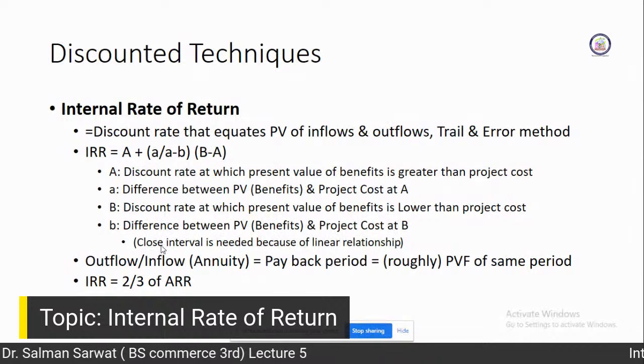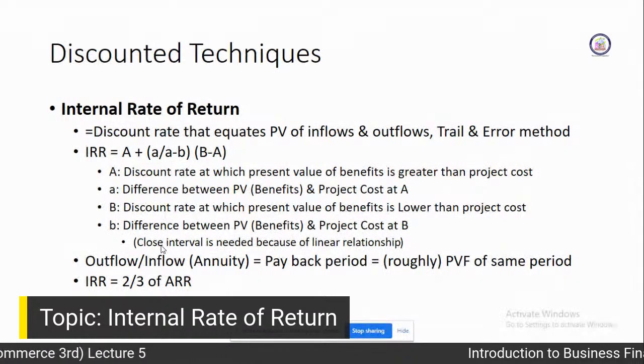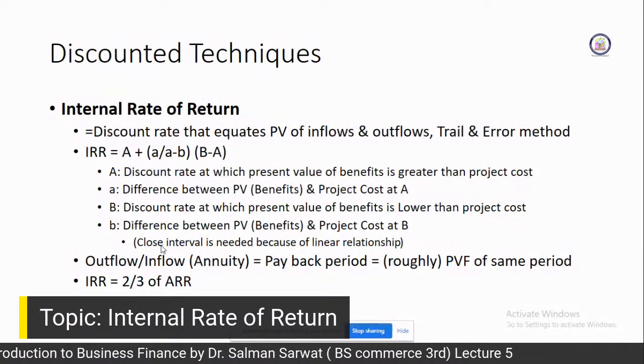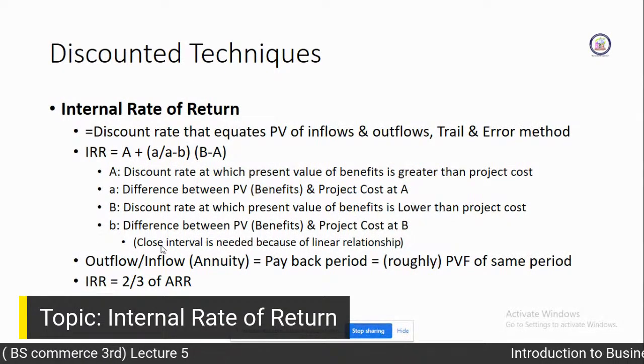So what is interpolation? Here on the slide you can see that the formula of the interpolation is A plus a upon a minus b into B minus A.